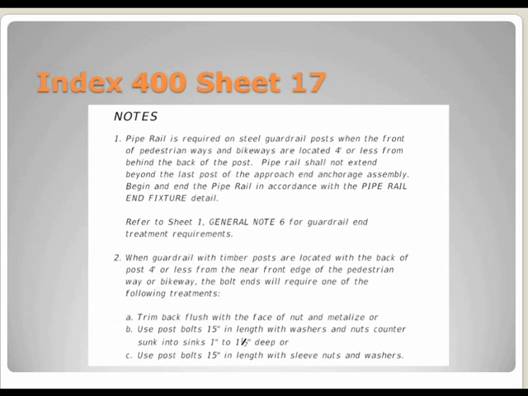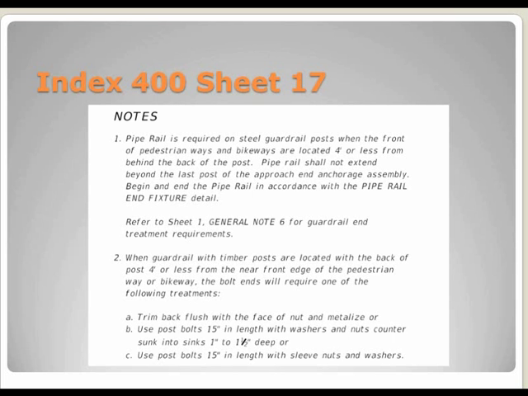And note 1 now reads, pipe rail is required on steel guardrail posts when the front of pedestrian ways and bikeways are located 4 foot or less from behind the back of the post. Pipe rail shall not extend beyond the last post of the approach end anchorage assembly. Begin and end the pipe rail in accordance with the pipe rail end fixture detail.